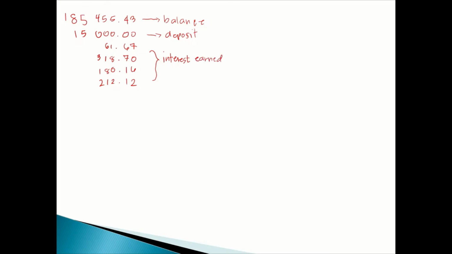Okay. Now, in this case, we will be adding everything, okay? From our balance to the value we deposited and to the interest we earned from the bank to solve for the remaining, for the balance of our savings account.